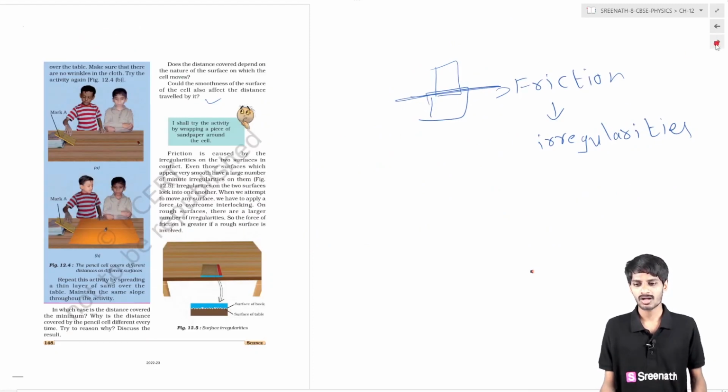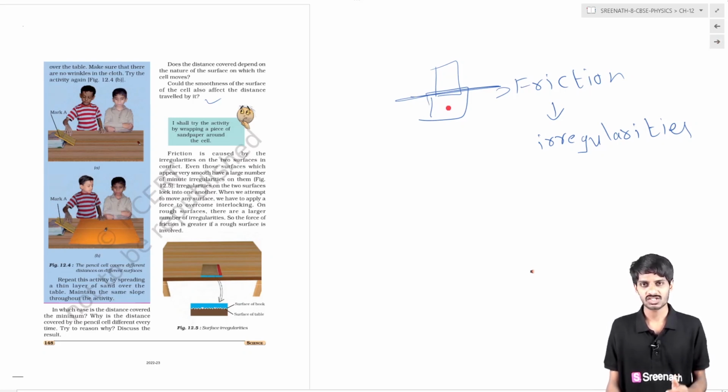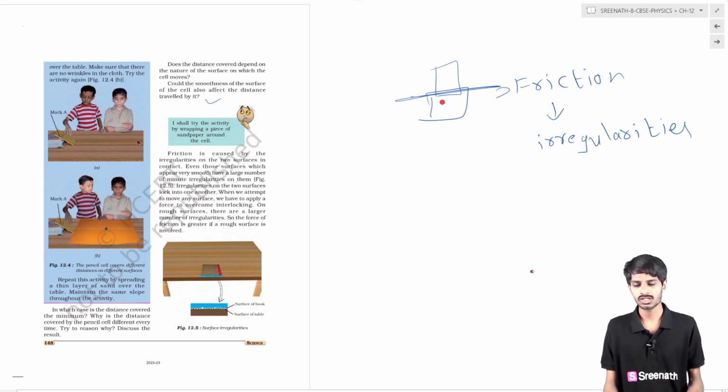So finally we have concluded that friction acts between two surfaces, always opposes the motion, and is caused by the irregularities of the surfaces in contact. If it is smooth, friction will be less. If it is rough, friction will be more.